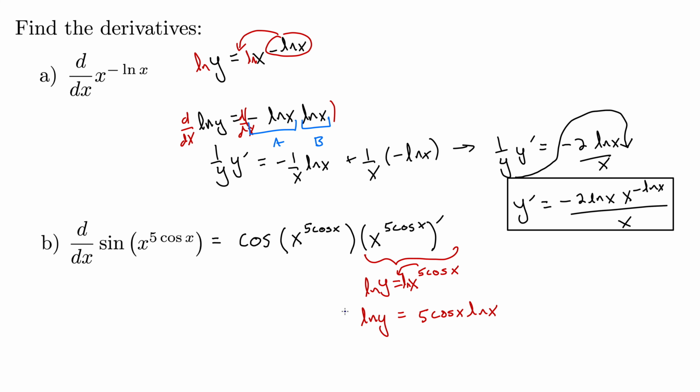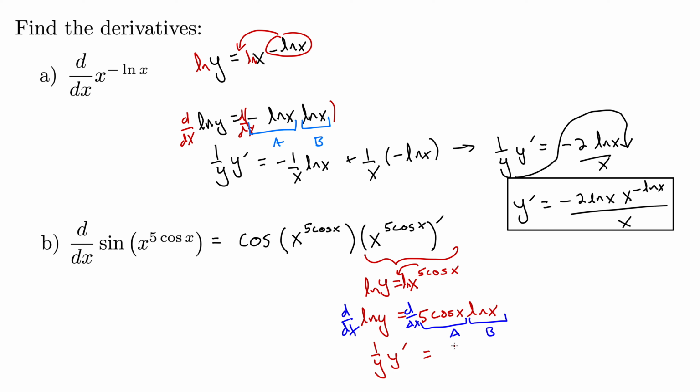Now we're ready to hit both sides with the derivative, d by dx of both sides. Of course, on the left we get 1 over y times y prime. And on the right, we have the product rule here. So I'm going to treat the 5 cos x as a and natural log x as b.